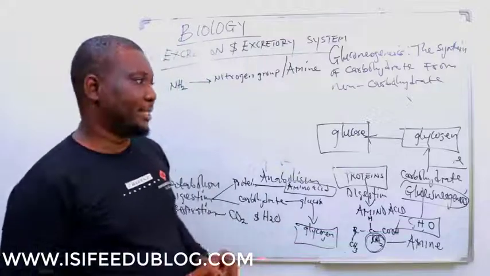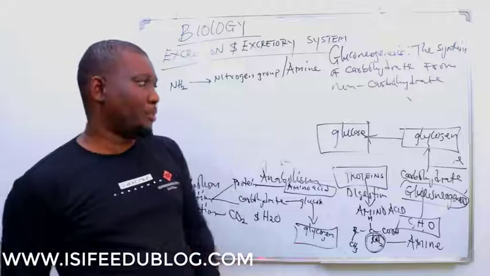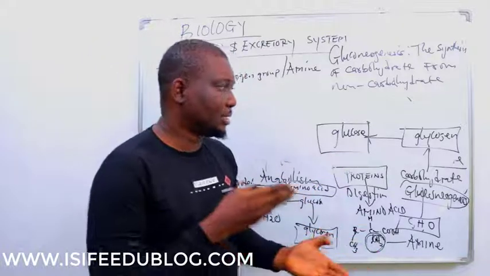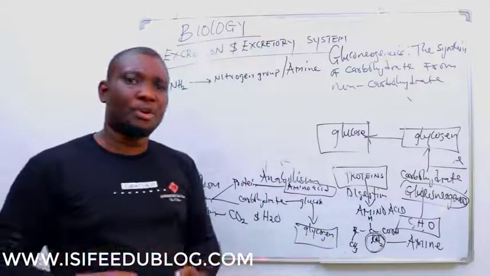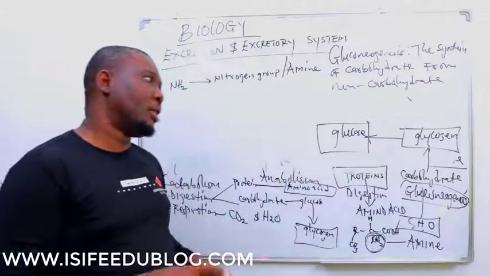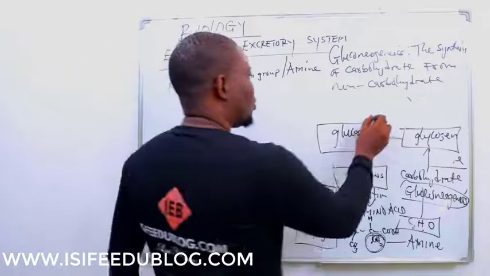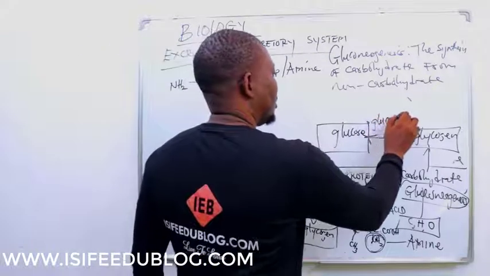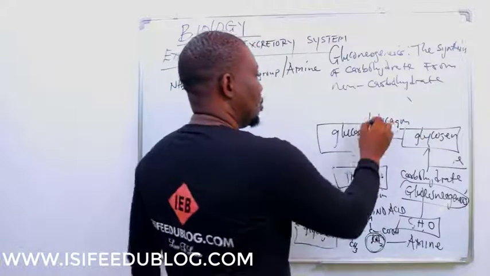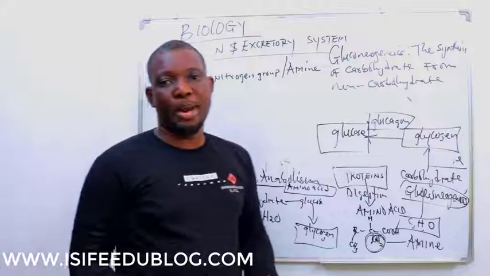Glycogen will remain in storage form in the liver until the level of glucose in the bloodstream is very low or depleted. At that point, the cells of the liver, with the help of hormonal regulation, a hormone that will trigger the conversion of glycogen to glucose, called glucagon. Glucagon is a hormone made in the alpha cells of the pancreas.